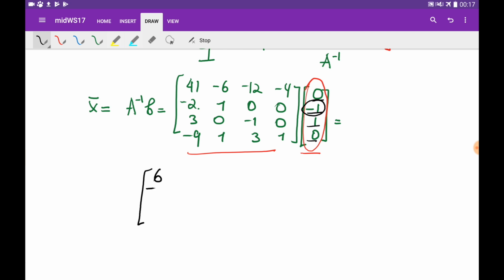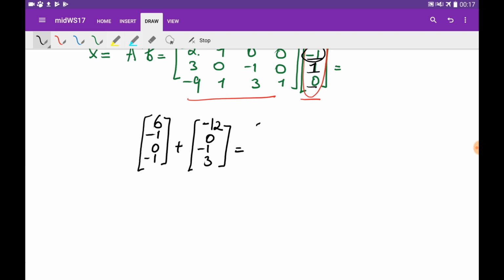It's going to be 6, minus 1, 0, minus 1. And I have to add this to the third column, since the third column is just multiplied by 1, which is going to be minus 12, 0, minus 1, and 3. If I add these two column vectors, I'm going to obtain minus 6, minus 1, minus 1, and 2. And this is going to be the solution for the system AX equals B.